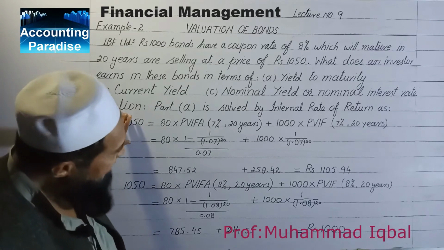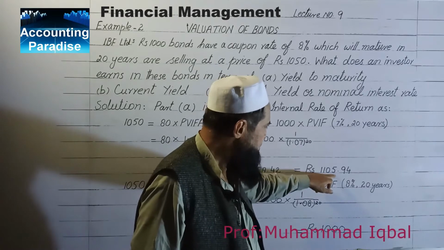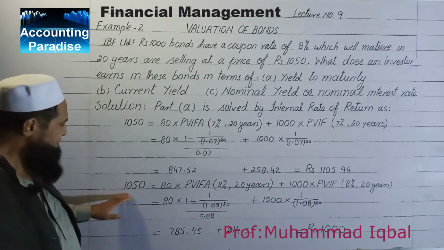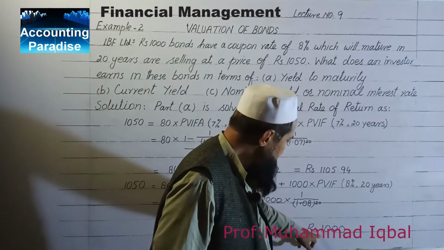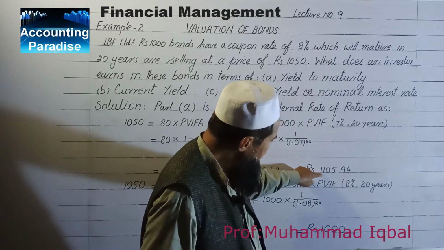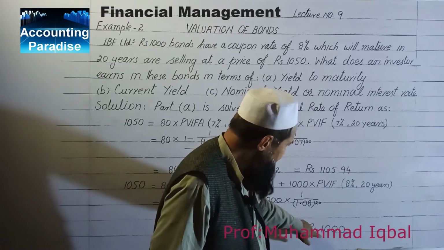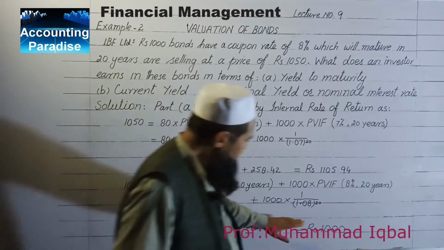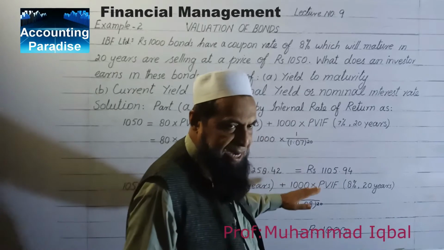We have calculated, the amount comes to 1105.94. Then we calculated with 8%. It comes to rupees 1000. Now 1105 at 7% and 1000 at 8%. The required amount is 1050. It means it is between 7 and 8%.